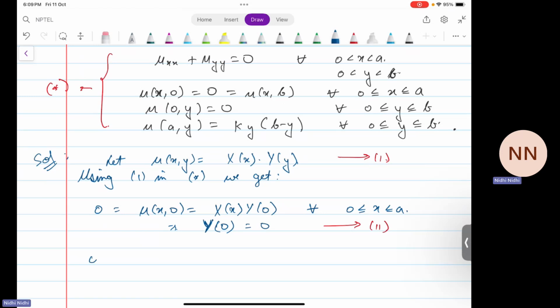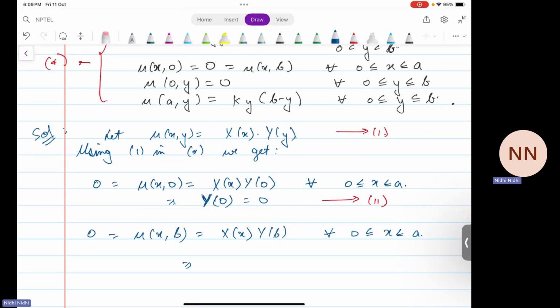Then we have u at x comma b, which is 0, equal to X(x)Y(b) for every 0 less than or equal to x less than or equal to a. So again this will give us Y at b is 0. Let's mark this one as third.